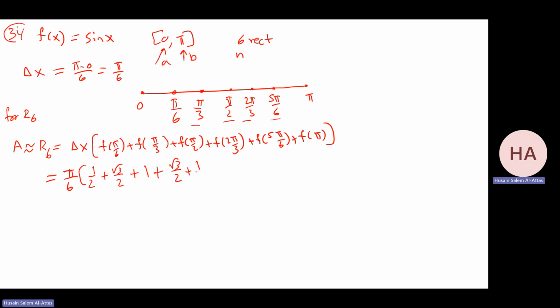This is plus half plus 0. This is R6. Yeah, the function is going up and down.